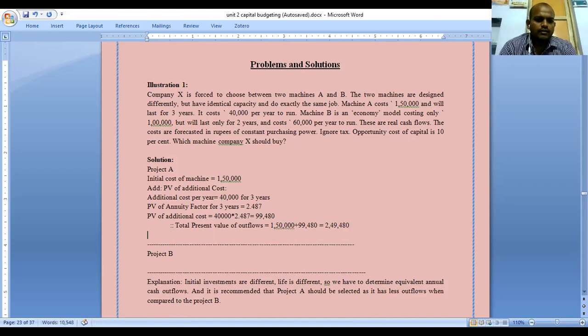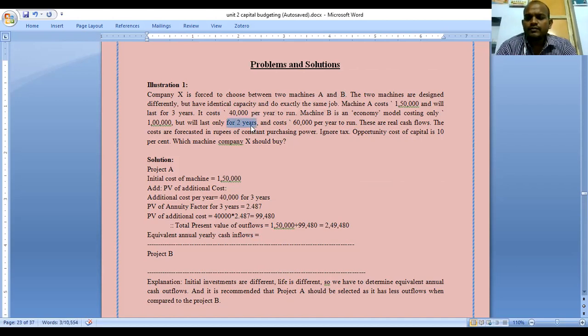So equivalent annual yearly cash outflows. Why do we have to calculate the annual yearly cash outflows? Because mission A has 3 years life, and in mission B, life is 2 years.